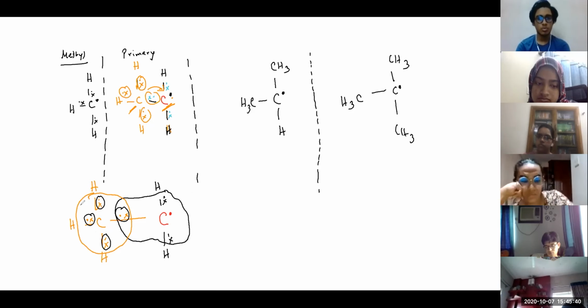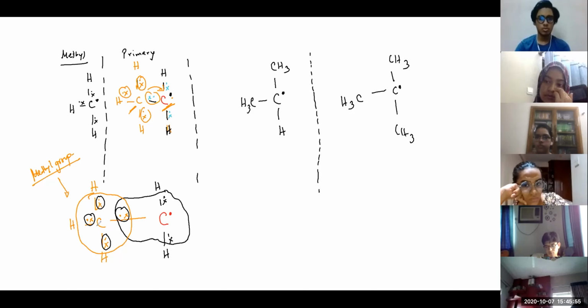So this is a methyl group. Since this methyl group is already electron rich, what will it do? It's going to push the electrons towards this carbon.